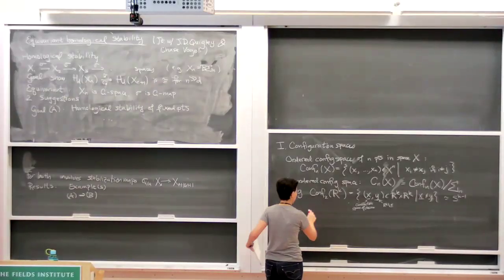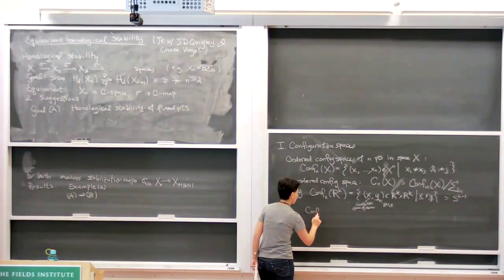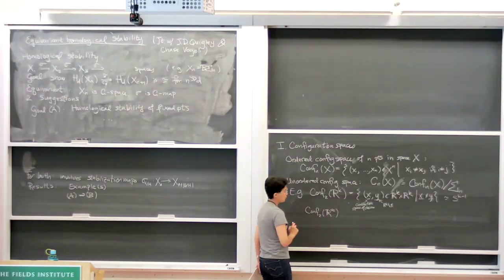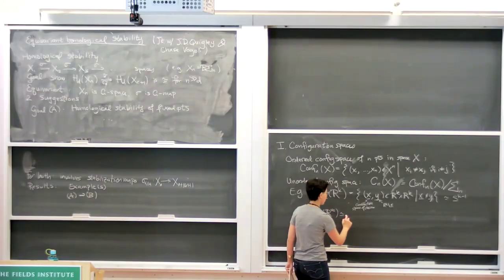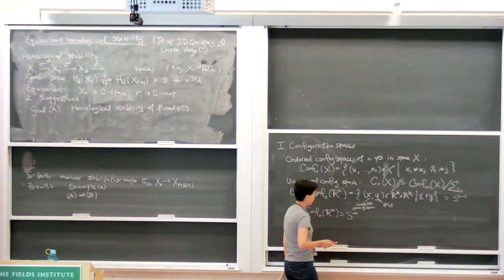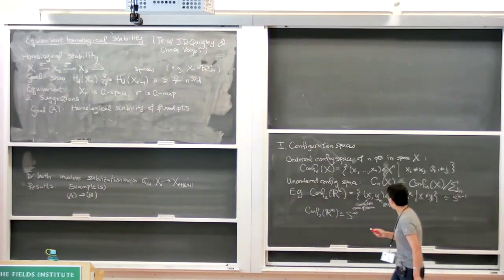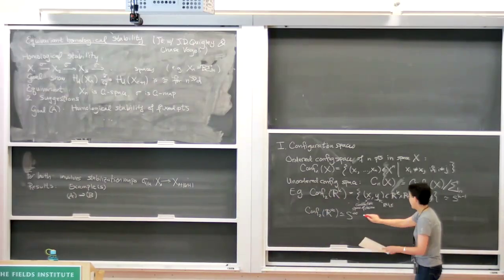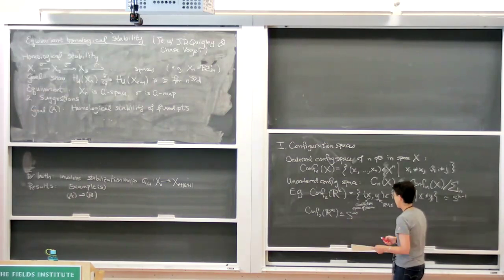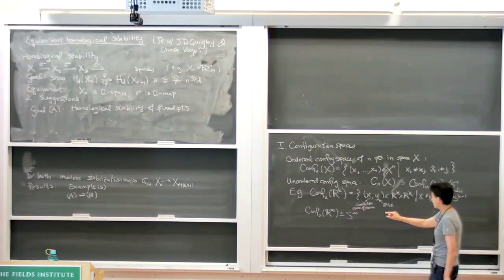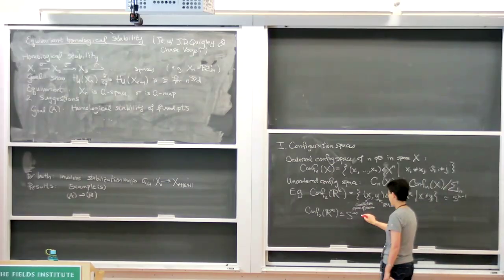And we can also care about Conf_2 of R^infinity. The same kind of argument says that this is S^infinity, because infinity minus 1 is infinity. But now we can remember this is a contractible space, but with a free C_2 action.